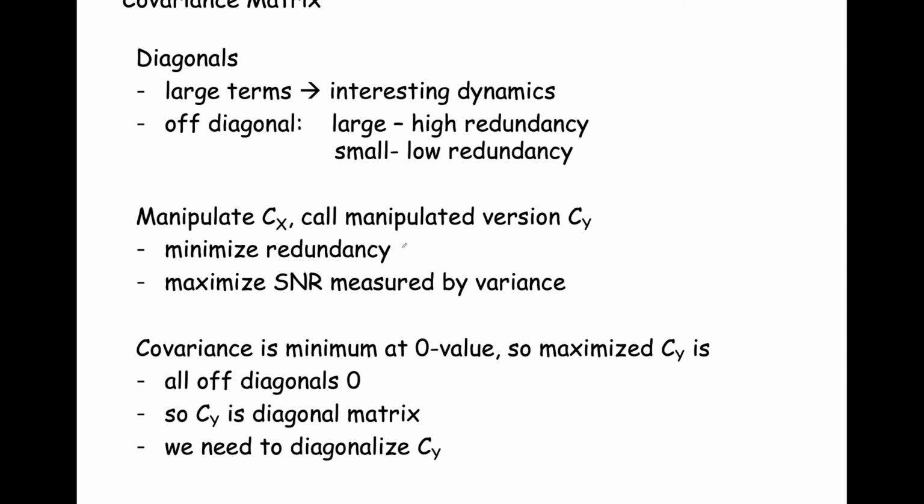Likewise, we wanted to maximize the signal-to-noise ratio, and signal-to-noise ratio was the proportion of the variance of the signal of interest divided by things that are not signal. And in maximizing this signal-to-noise ratio, that means we want to maximize the variance in the direction of the largest variance observed for our system.